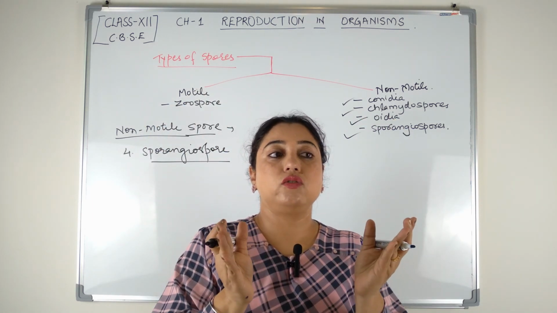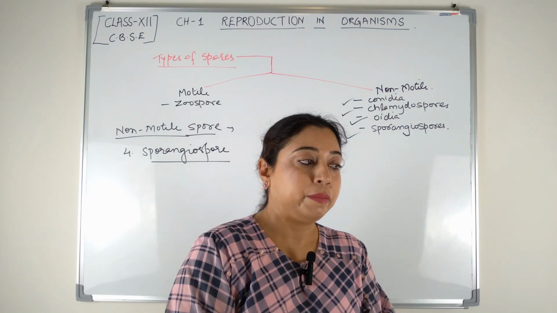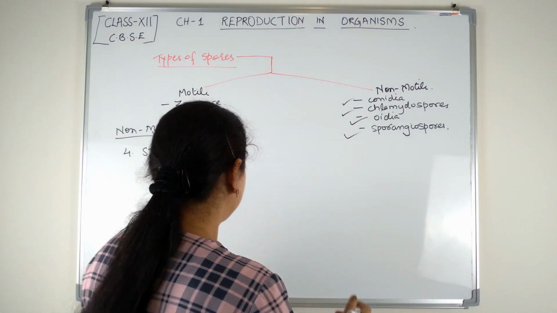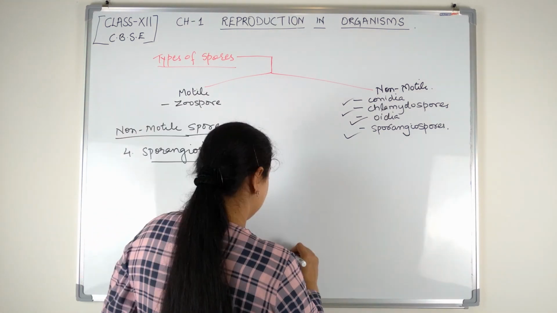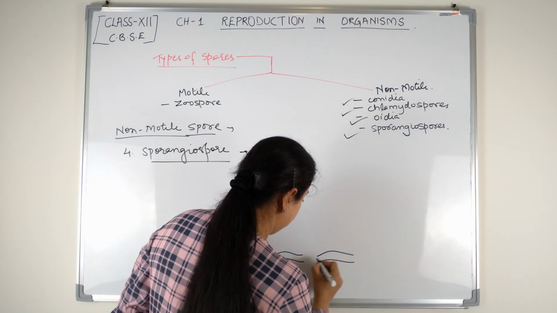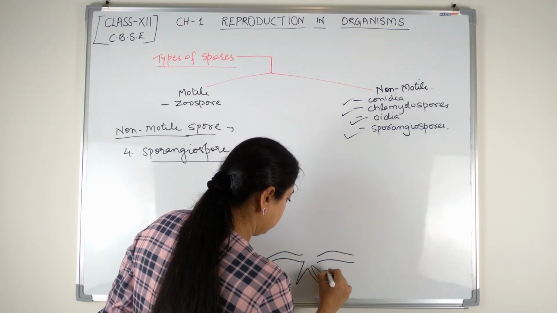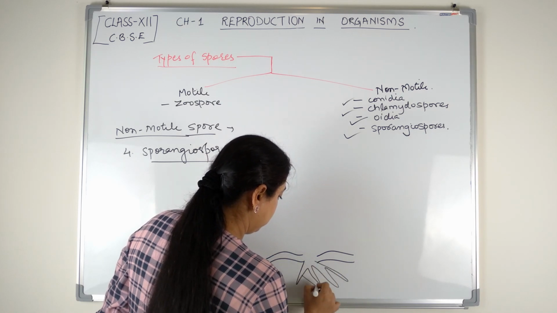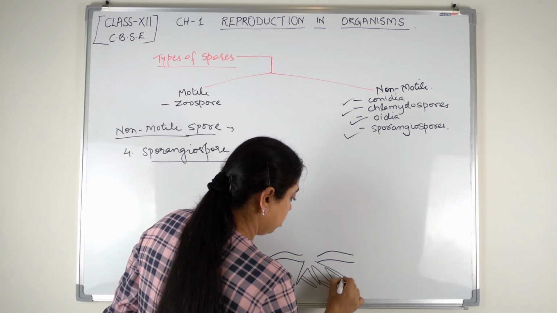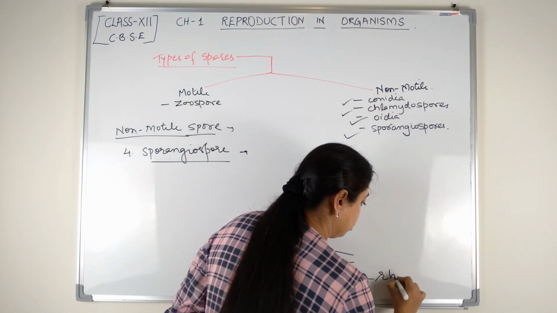And that sac-like structure is present at the tip of another set of hyphae. So let me draw the structure first. So this is stolon, a type of hyphae, horizontal hyphae. These are root-like structures. These are another set of hyphae having root-like structure. These are known as rhizoids.